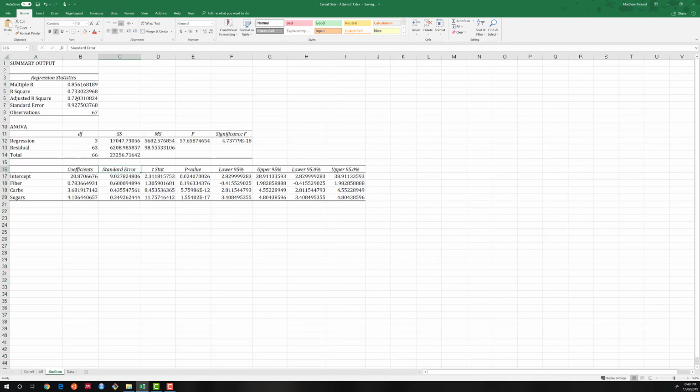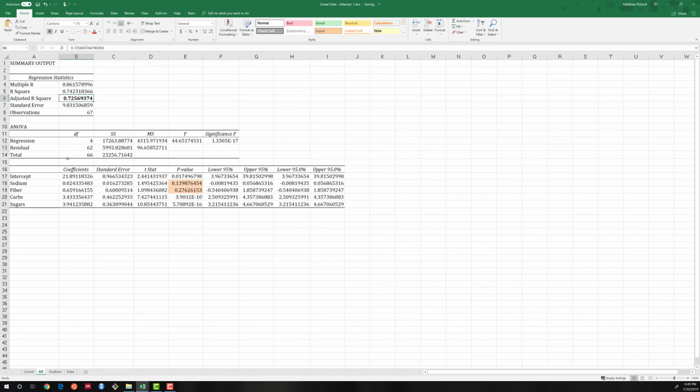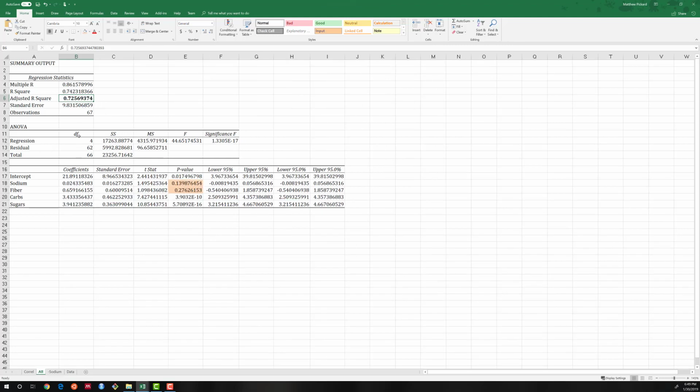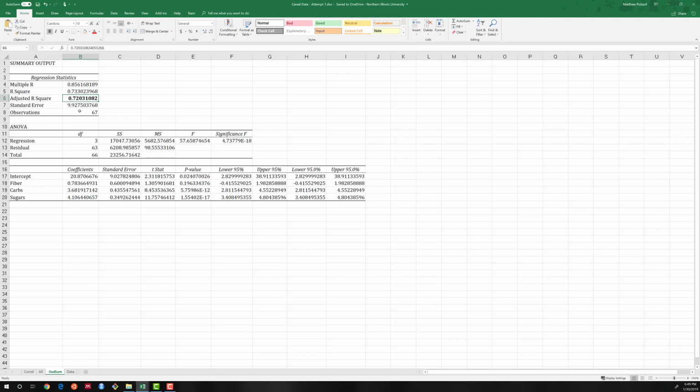Now take a look at our adjusted r-squared. If you remember, when we had our full model with all of the variables, our adjusted r-squared was 0.725, and when we took sodium out, it dropped to 0.720.